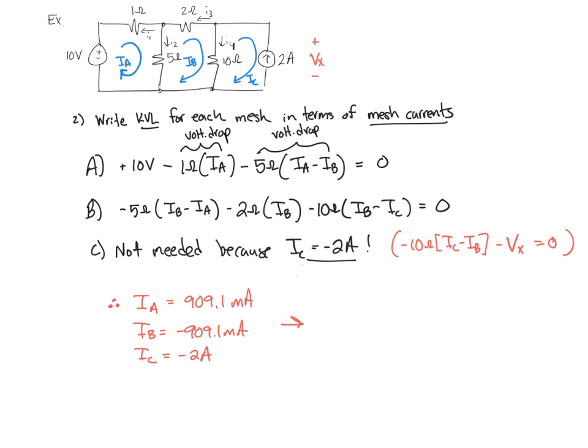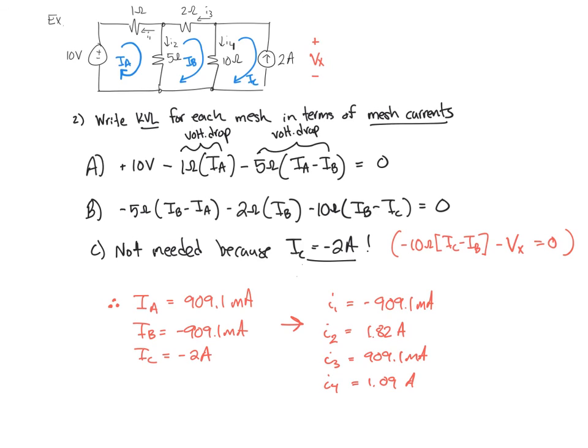From this, we can sub back into our relationships to the branch currents and get that I1 is negative 909.1 milliamps, it's the opposite of IA. I2 is 1.82 amperes. I3 is 909.1 milliamps. And I4 is 1.09 amps.